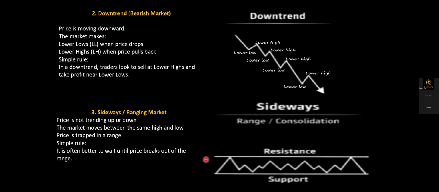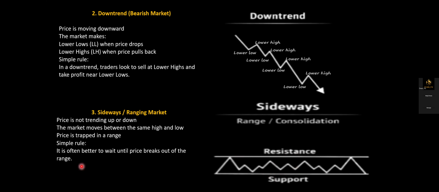Sometimes they even play this game to manipulate other banks or institutions, so that they can fake out and have enough liquidity to buy or sell the market and break this structure.